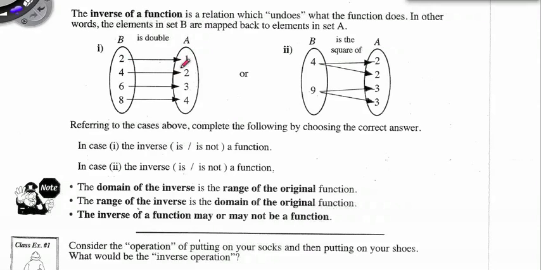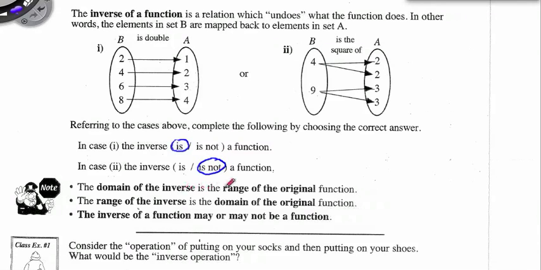Well, this is the inverse, and for every x value there is only one y value, so it is a function. In case 2, is this a function? Well, this is going to negative 2 and 2. 9 is going to negative 3 and 3, so there's more than one output for every x. So this is not a function.